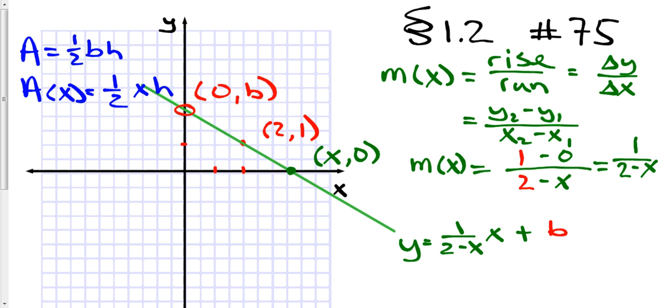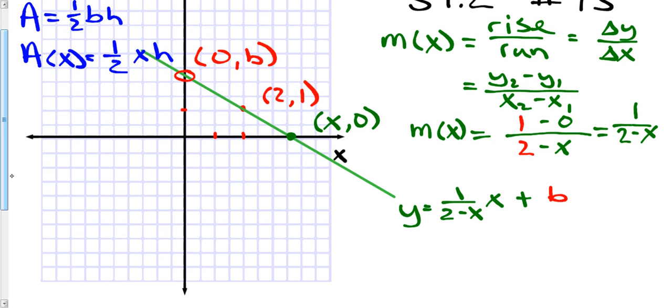Have to. Okay? So, when I do, I'm going to say 1 equals 1 over 2 minus x. Now, this x is not the same as this x.